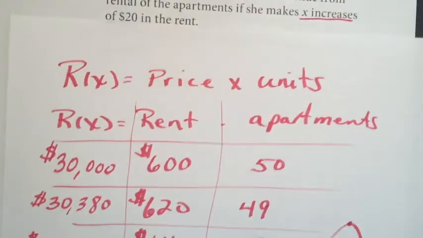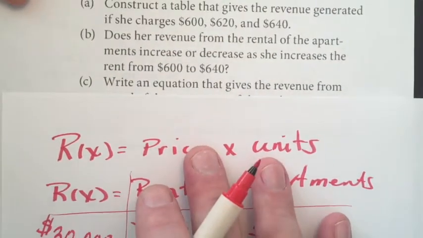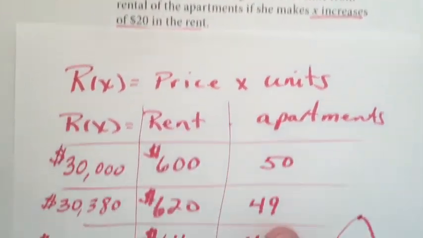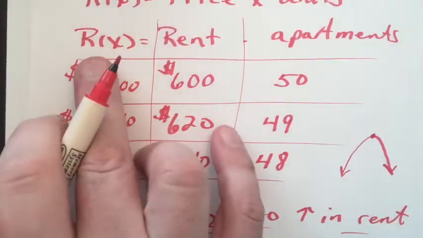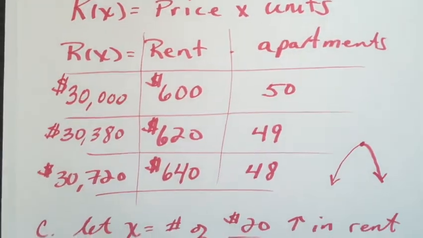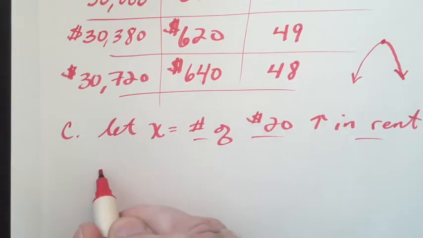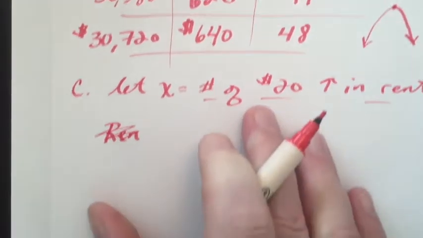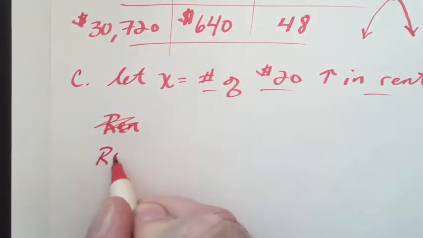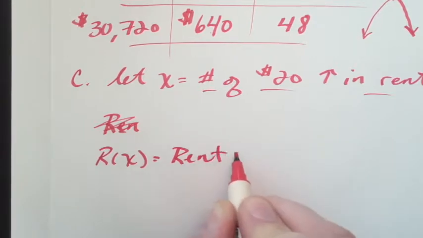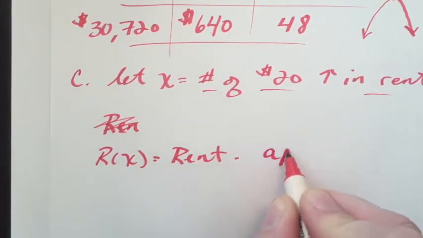The next part, as we're coming up with our equation, is we want to go back to this basic idea that revenue is equal to price times units, or revenue is equal to rent times apartments. So we're going to come here and say revenue is equal to rent times apartments.